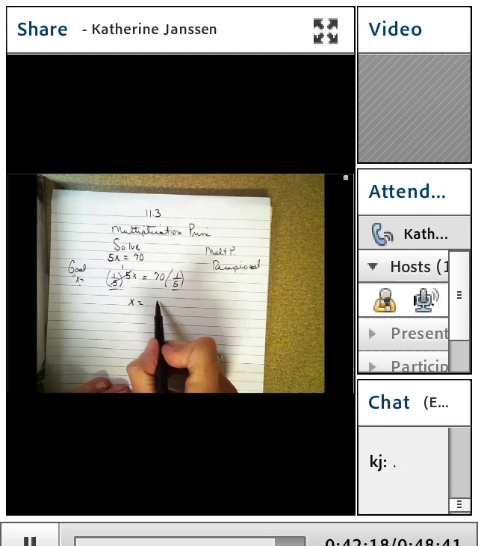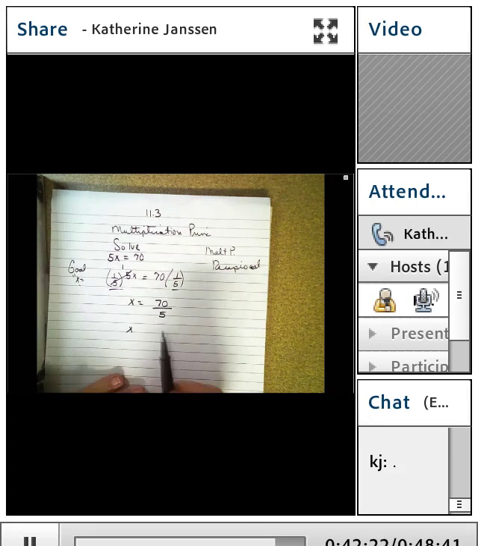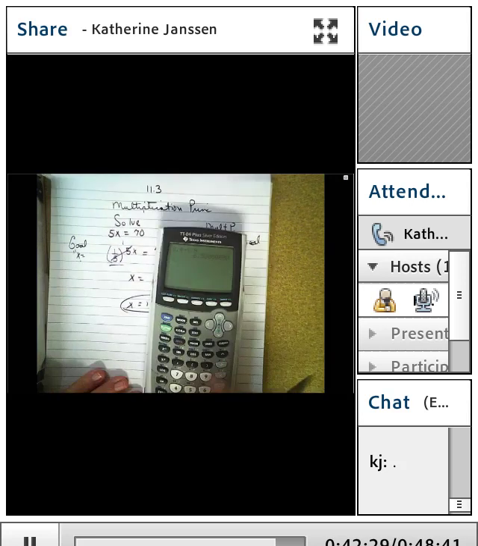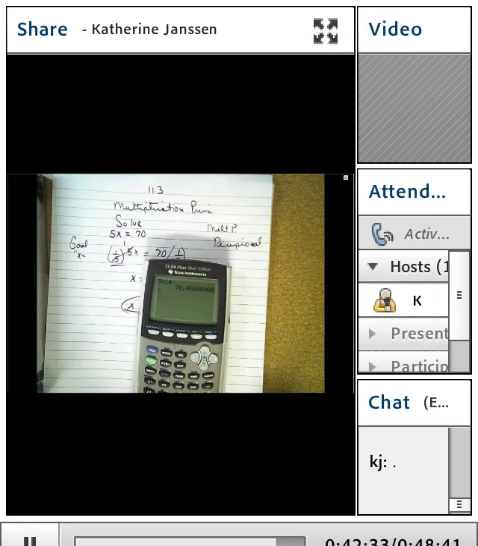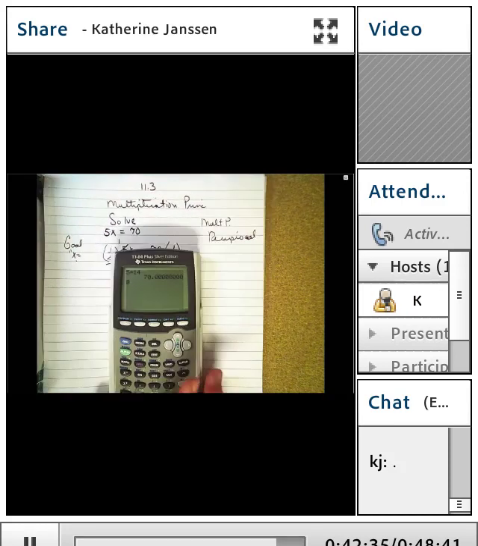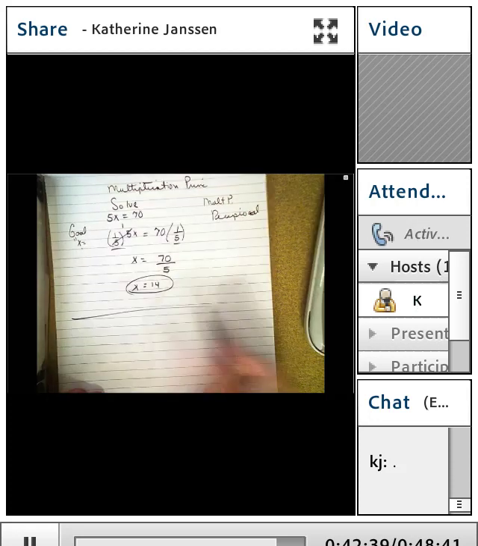But I have to tidy up this side of the equation. Now, 5 goes into 70 14 times. You can check. 5 times 14 equals 70. The multiplication principle.